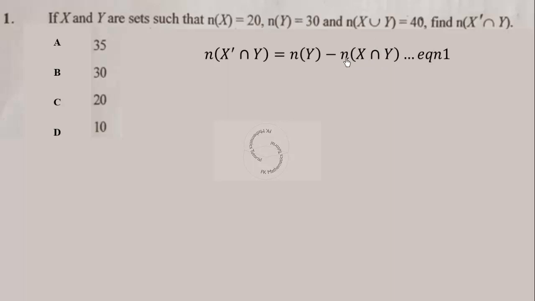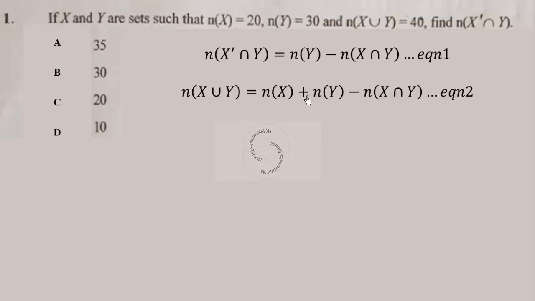But to find this, we must use the De Morgan's law for two sets, and the law states that number of elements in x union y is equal to number of elements in x plus number of elements in y minus the number of elements in the intersection. So let's substitute these values given in the question over here.